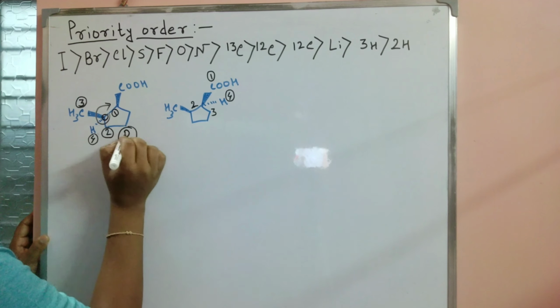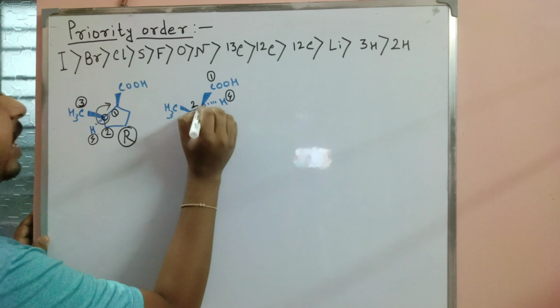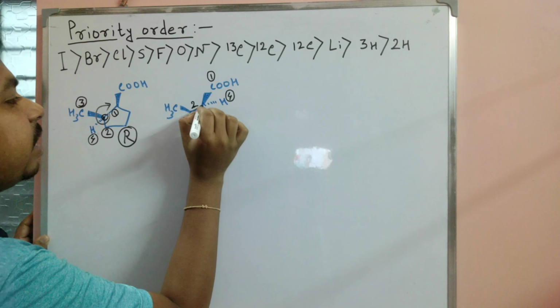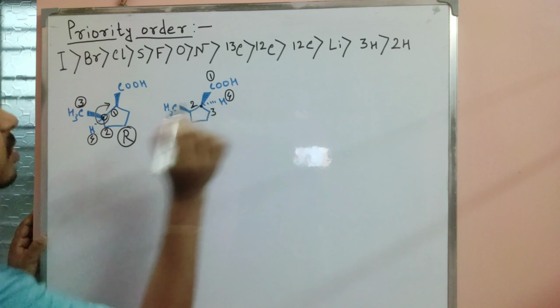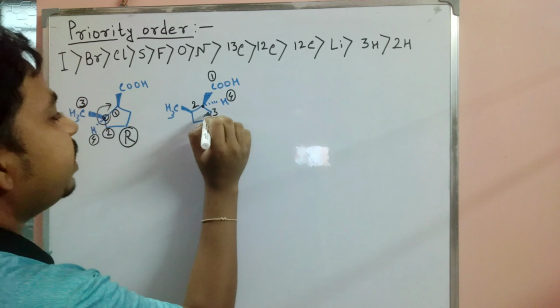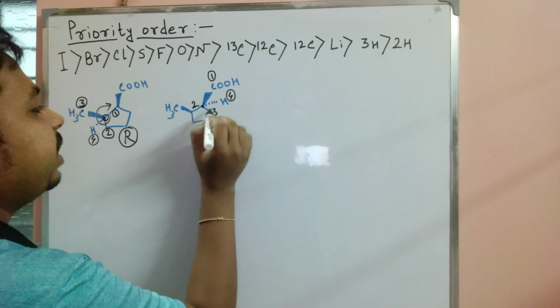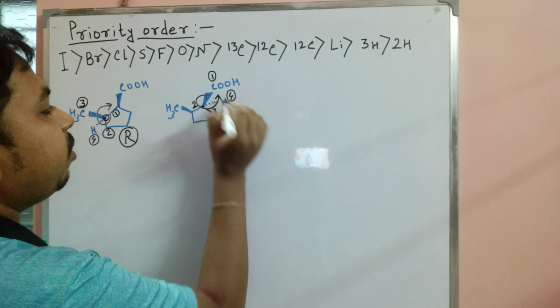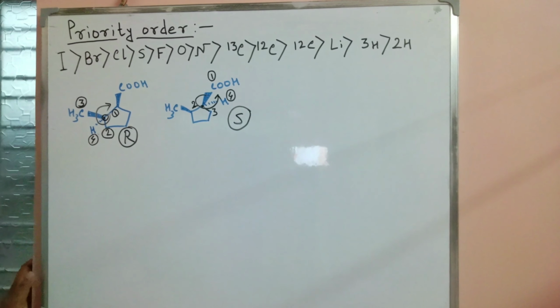This one is R. But now we discuss this carbon center. Here we consider this carbon center as the stereo center. The COOH is 1, then 2 is where the methyl group is attached, and here no methyl group, so this bond is 3, and then 4. So the rotation is anti-clockwise, so the configuration is S.